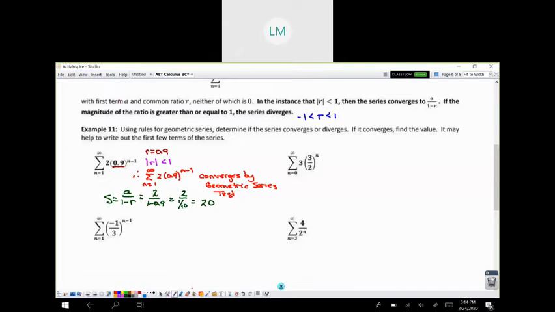So let's look at this next one. Our r is equal to 3/2. The absolute value of r is greater than 1.